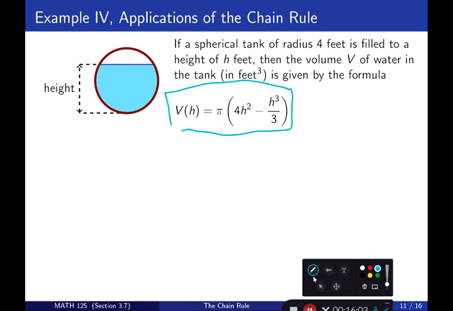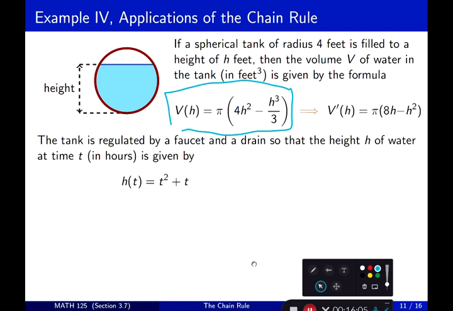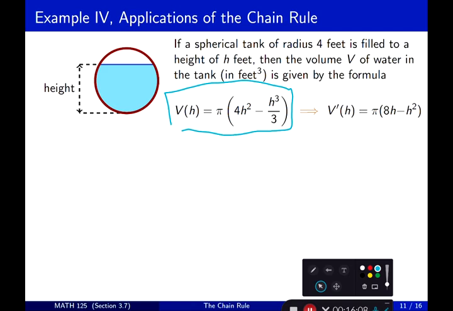That would be V'(h) equal to, and π is a constant coefficient and stays, and inside the parentheses you have 4h squared, which after taking the derivative becomes 8h, and then h cubed over 3 will be 3h squared over 3, which is h squared.